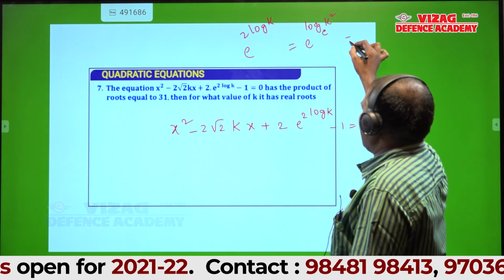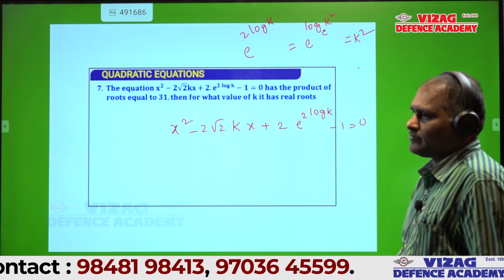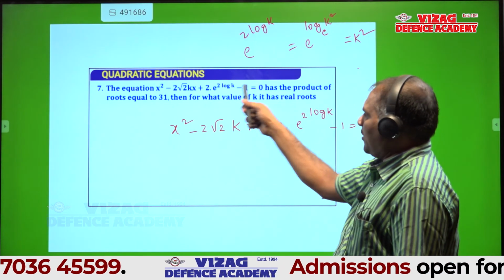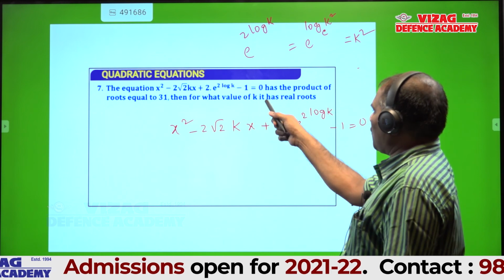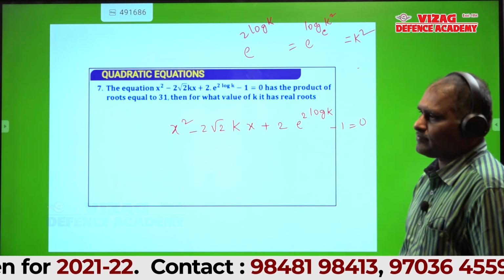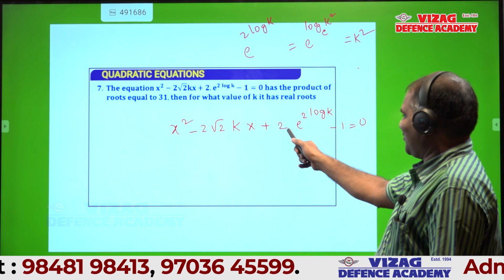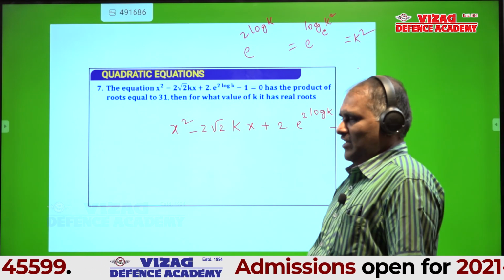What is this value called? k square. The equation's product of roots is 31. Then for what value of k? 2k square minus 1 is equal to 31. Find out the k value.